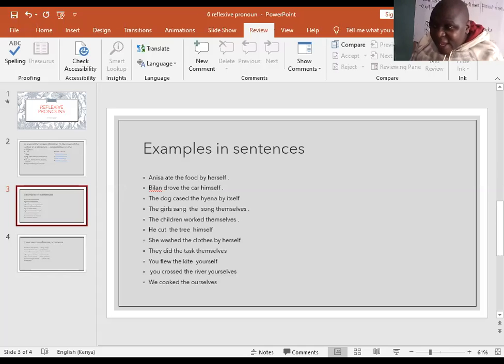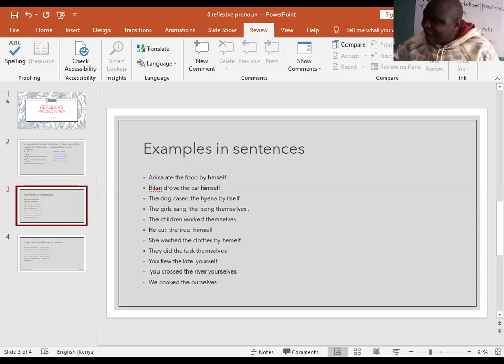Plural for he, she, and it is they, them, their. So themselves.